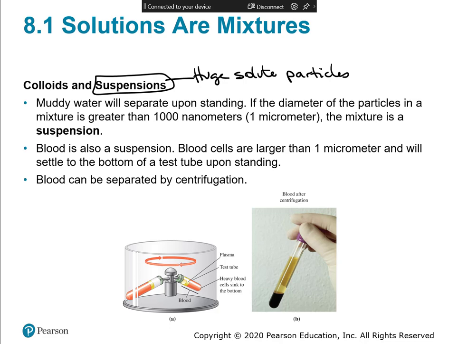So this will separate. It does not stay mixed. Different intermolecular forces mean suspensions are going to separate unless you mix them.